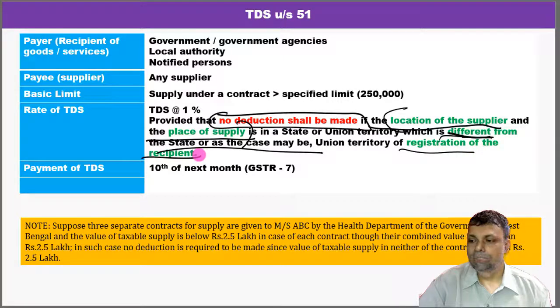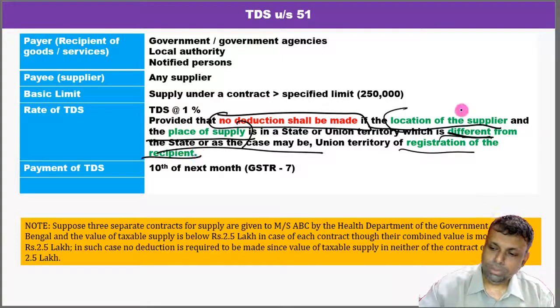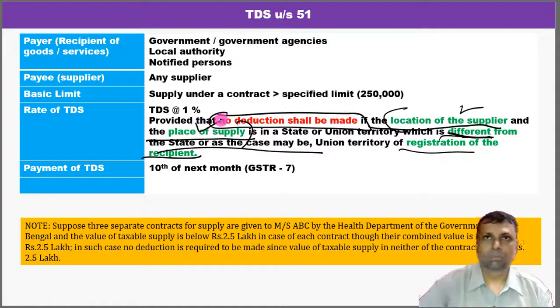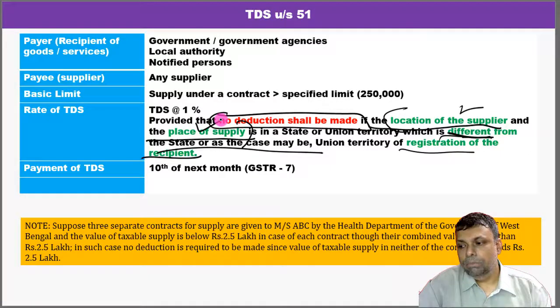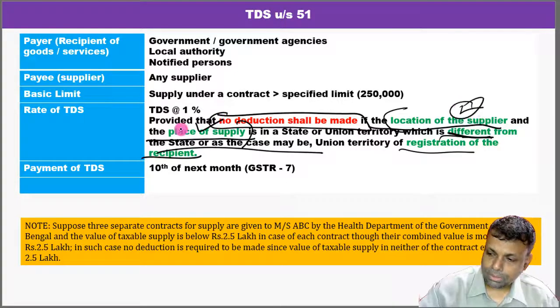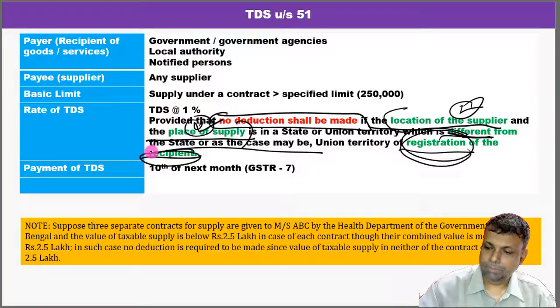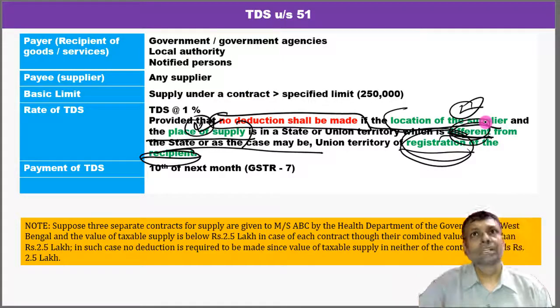In other words, there is a special mechanism where the location of the supplier or the place of supply, these two are to be compared with the registration of the recipient. If it is different, in that particular situation, no TDS provision should be applicable.